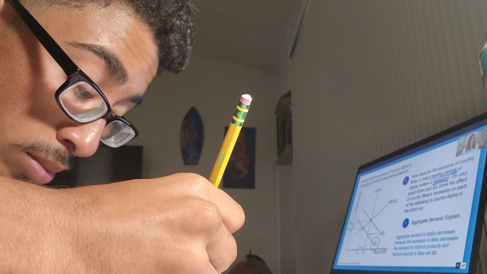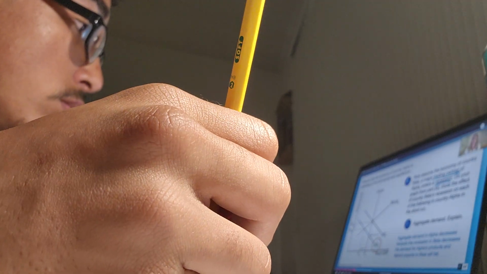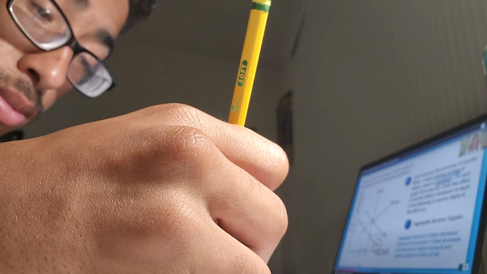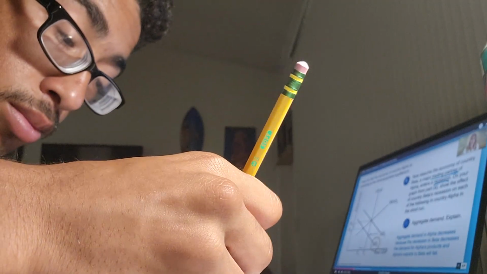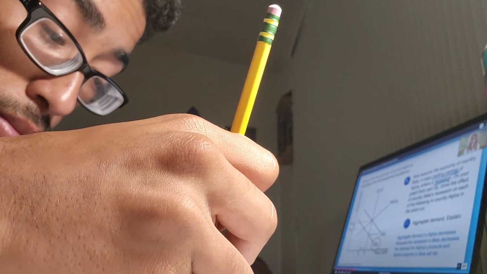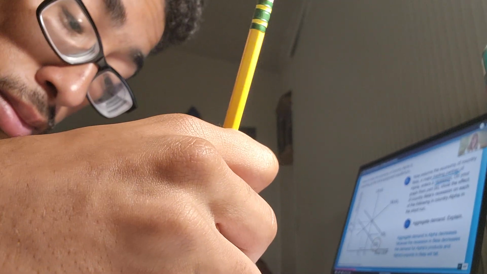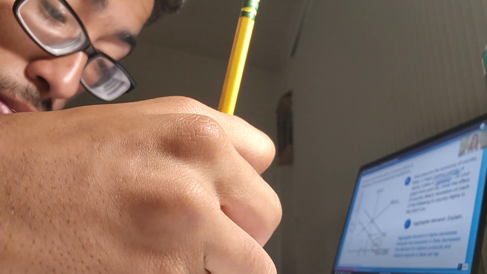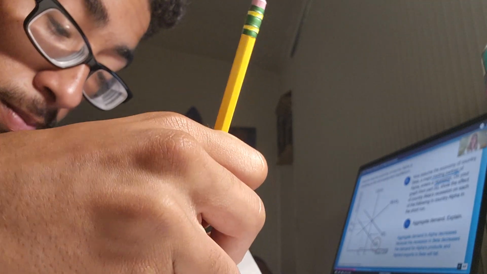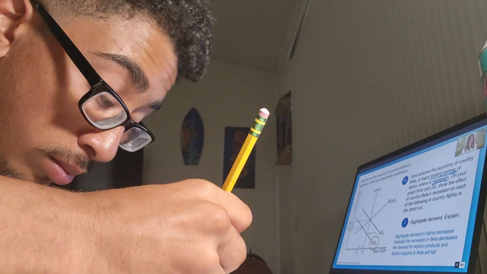And then for our explain, let's say that aggregate demand in alpha decreases because the recession in beta decreases the demand for alpha's product, and alpha's export to beta will fall.